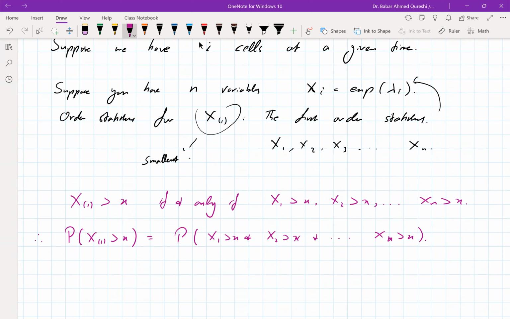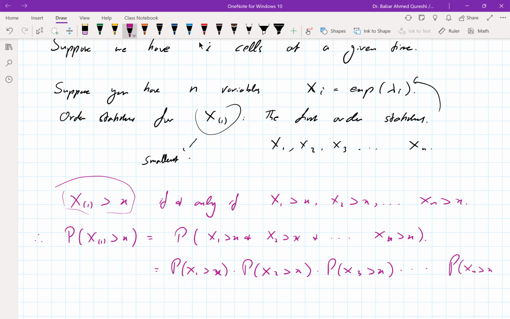That defines the order statistic, that the smallest of them is still greater than x. Since it's an and, I can split it into a product because they're independent. And each one of them then is this.